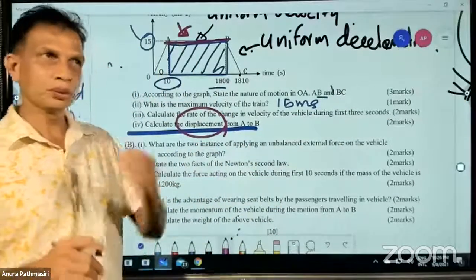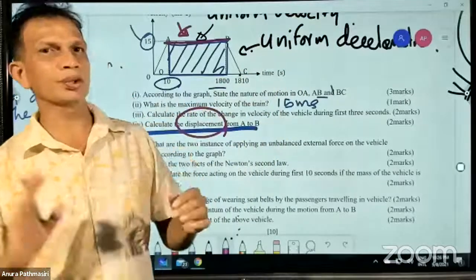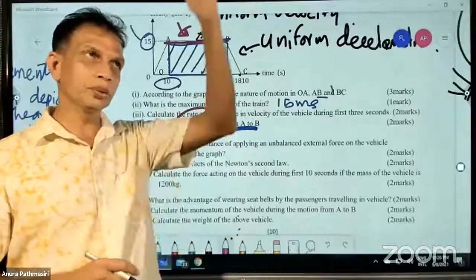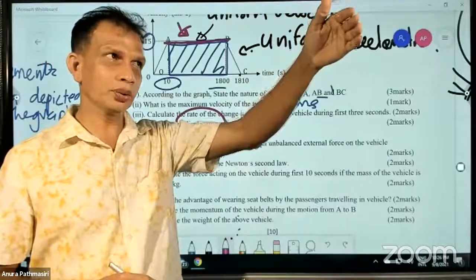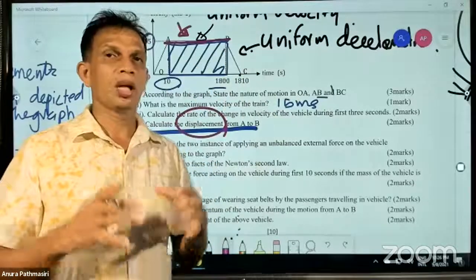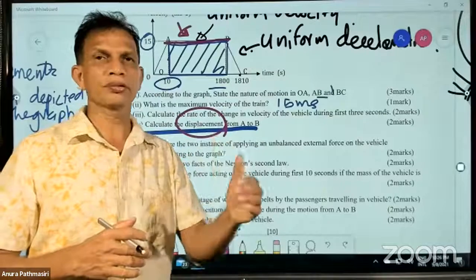But when you want to have an acceleration, an unbalanced force should be applied. Or if you want to reduce the velocity, then again you have to apply an unbalanced force.